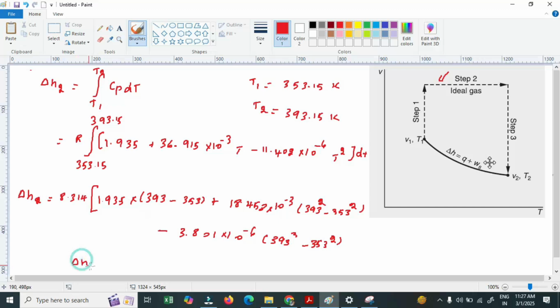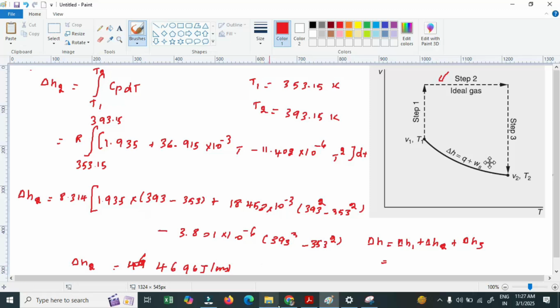Now my del H value will be del H1 plus del H2 plus del H3. I'll be using the Python code again, at least for this one, and then let me execute the code.